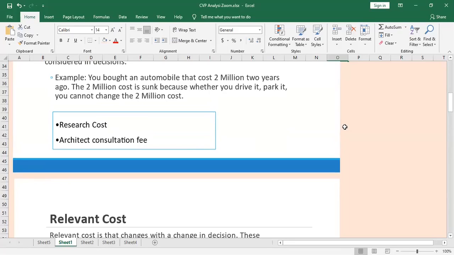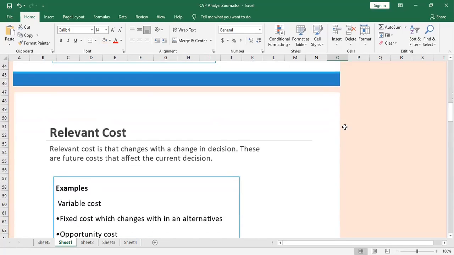So if you decided to drive it, you will have to pay for petrol, or maybe it is a diesel car. Whatever it is, you have to pay for fuel, but if you park it, you don't have to pay for that. So when you are making that decision, the cost of fuel is actually a relevant cost, because it will change, right?